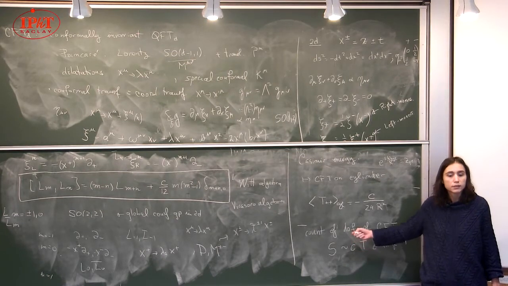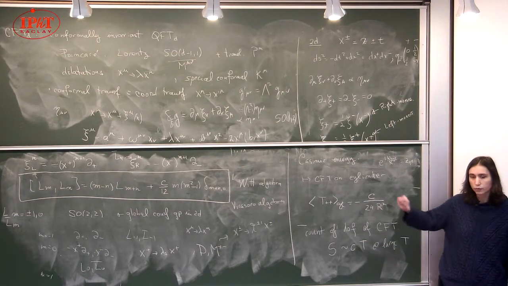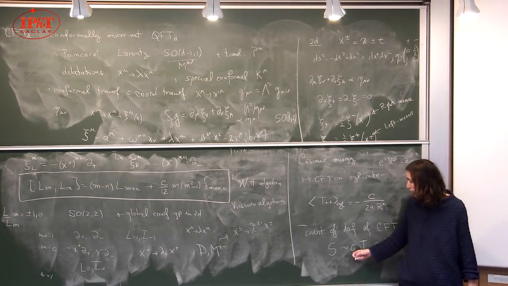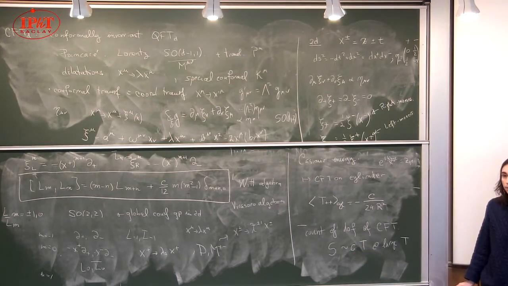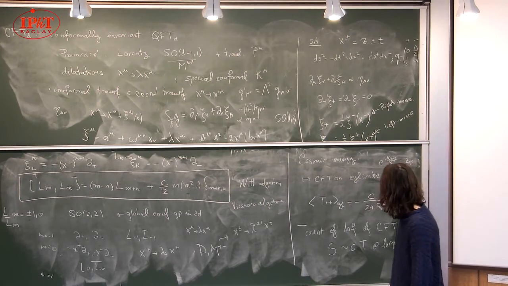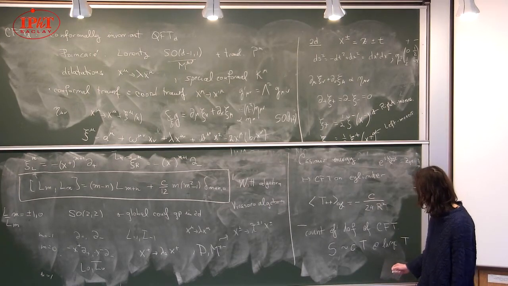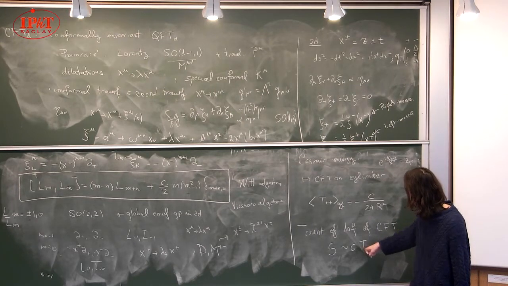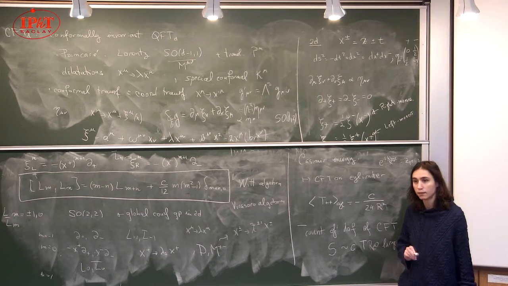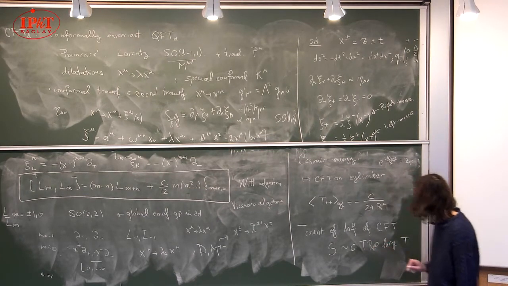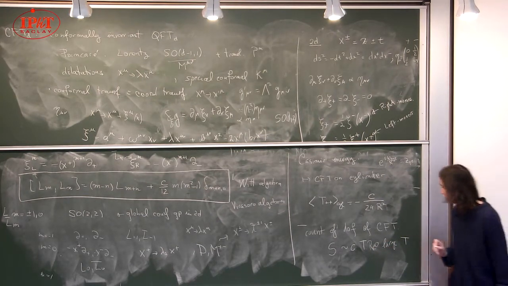Since entropy counts what degrees of freedom you can be exciting, this c is counting degrees of freedom. This has dimensions of 1 over length, so maybe there's an R here.